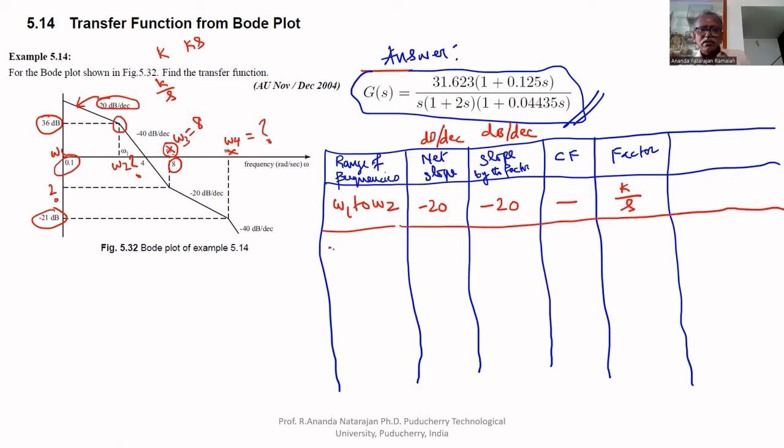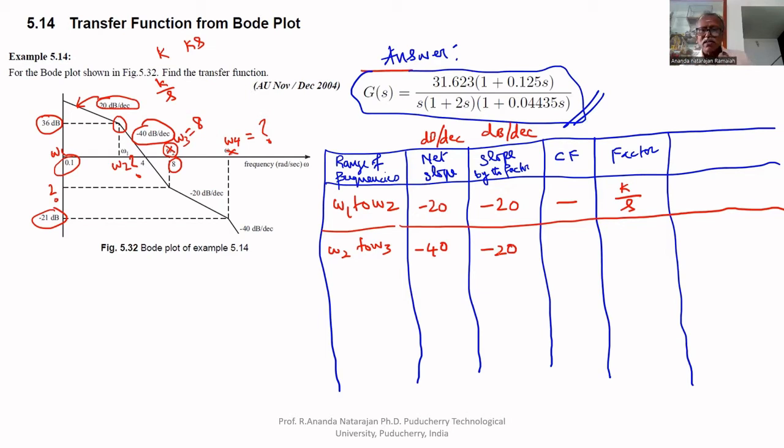The next one is omega 2 to omega 3. Here the net slope is minus 40 dB. Earlier it was minus 20, now it becomes minus 40, which means the slope by the factor is minus 20.